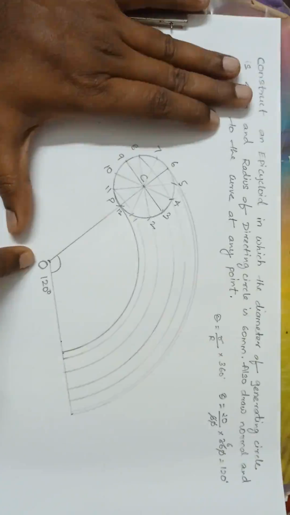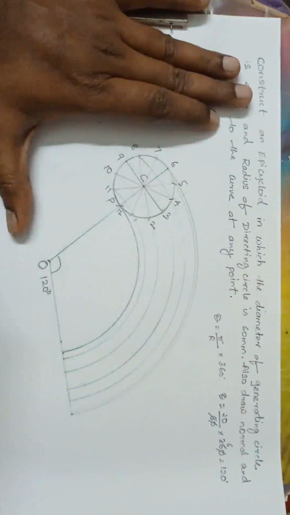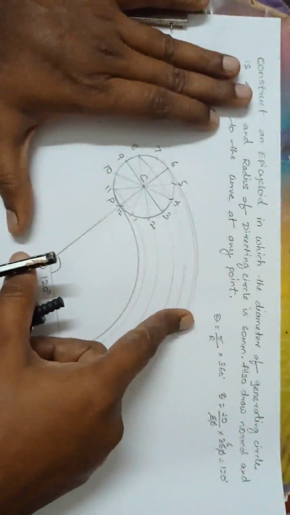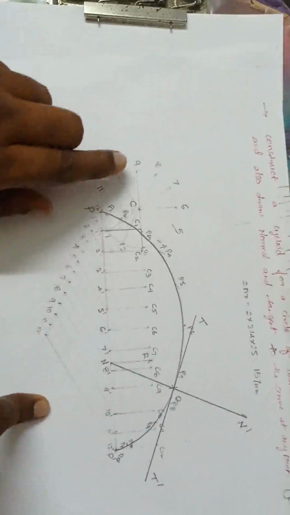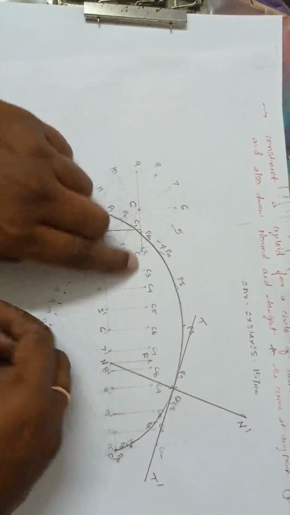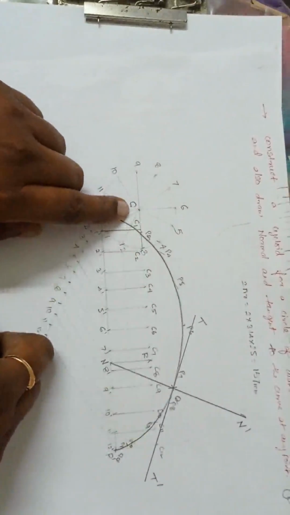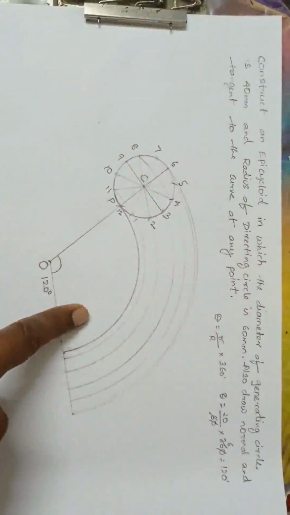Now next what we have to do? See here, I have divided this circle into 12 equal parts. So this curve also I have to divide into 12 equal parts. And another thing, see here, in the cycloid, the center line meets 9 and 3, but the condition in the epicycloid is not the same.